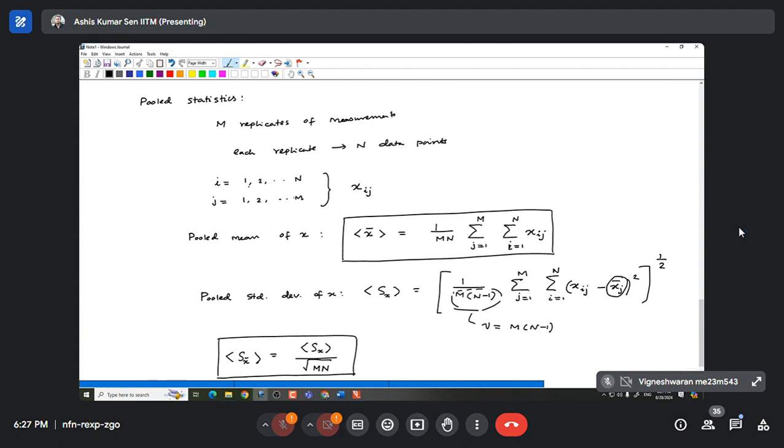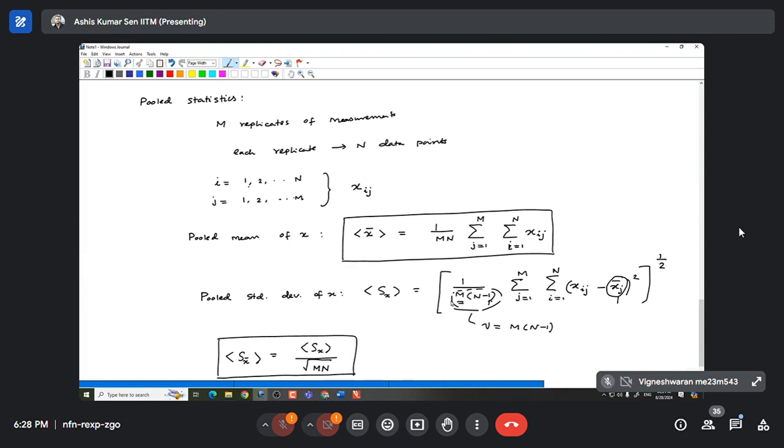Here, they multiply with m because there are m different data sets, and they are independent of each other. So you do not bring in m minus 1, because you calculate the mean only for a particular data set. The one stands for the mean of a particular data set. And since you are using m data sets, you multiply with m.